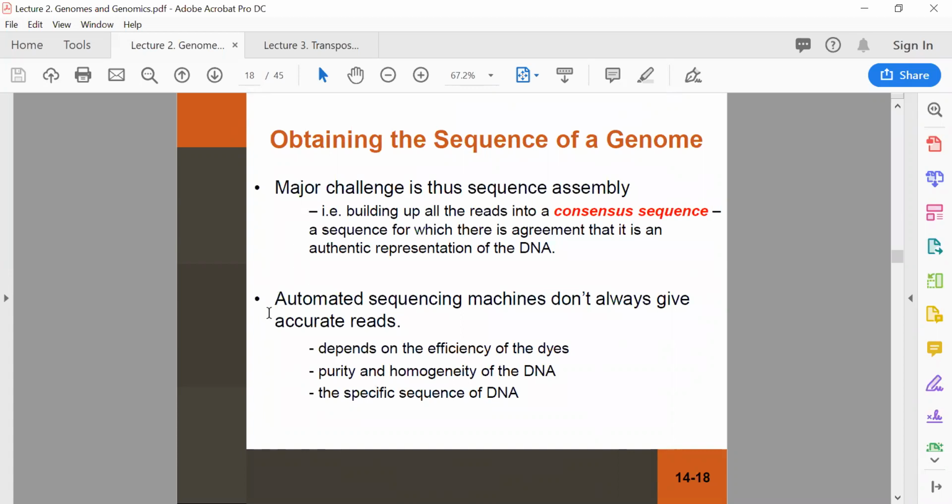But as with any experimental observation, automated sequencing machines don't always give perfectly accurate reads. There can always be problems. You could get results that are not correct. It really depends on the efficiency of the dyes that they use. It depends very much on the purity of the DNA that's been extracted, and also on how intact that DNA is, and it also depends on the specific sequence of DNA.